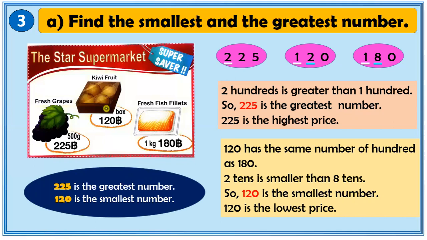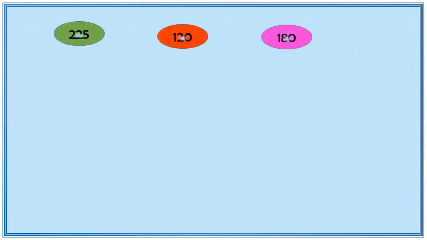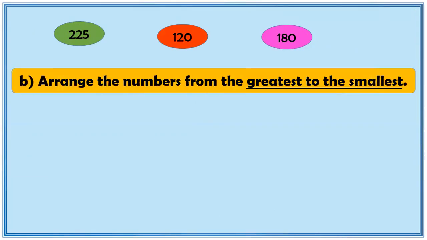Can you follow? All right. So let us now proceed. This time, we'll be going to order the following numbers. Order means arranging. So for letter B, arrange the numbers from the greatest to the smallest.